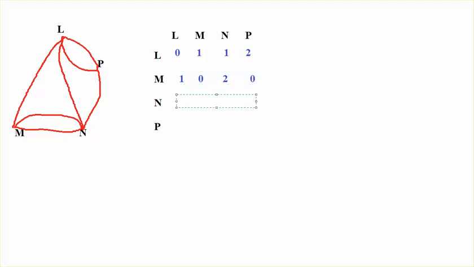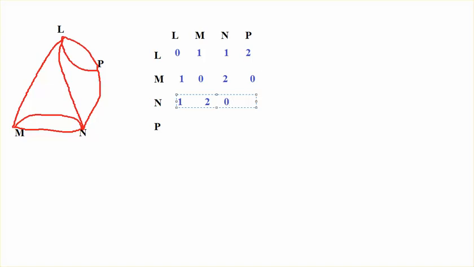For row N, N to L is connected by 1. N to M is 2. N to N, 0.